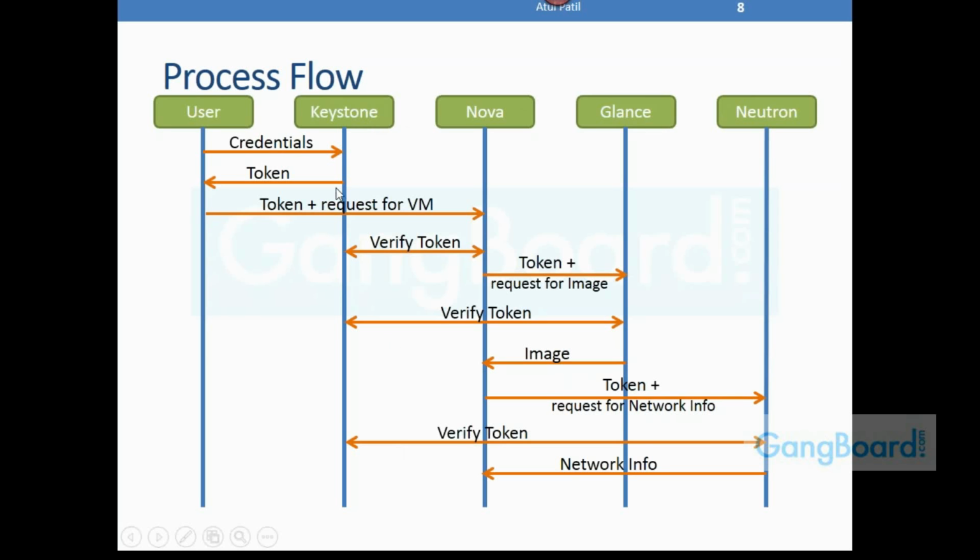After the verification from Keystone, Neutron will provide the network information, meaning your IP address, gateway, router, everything. Then it will provision your VM, and on a successful response you will see the VM being created. This is the flow that happens in the background.